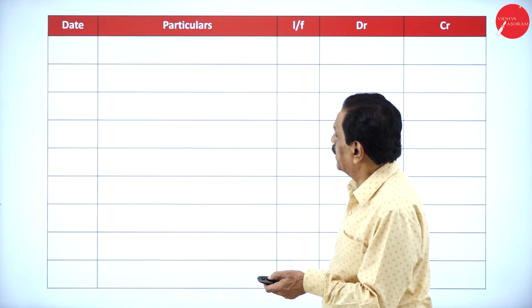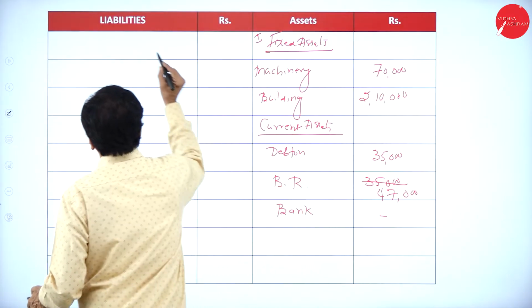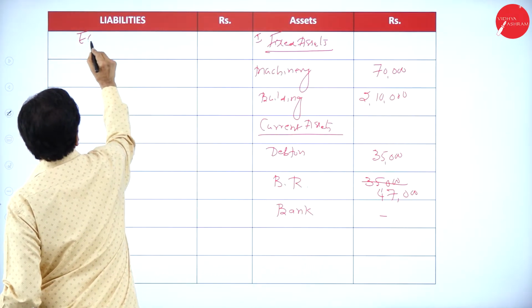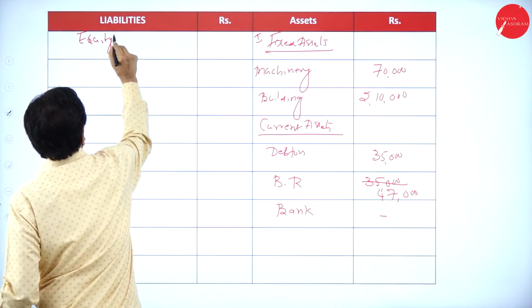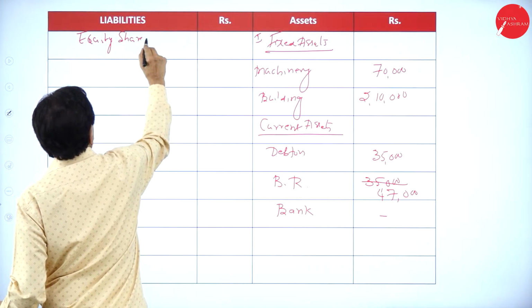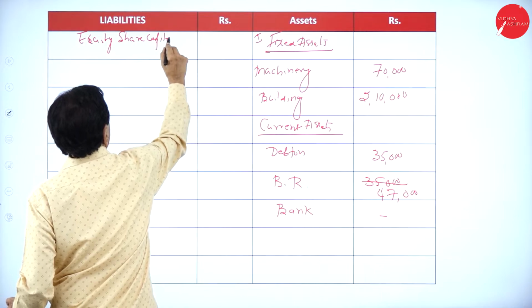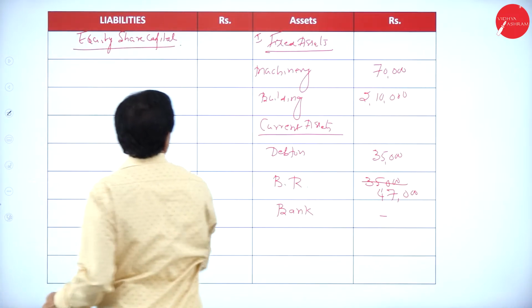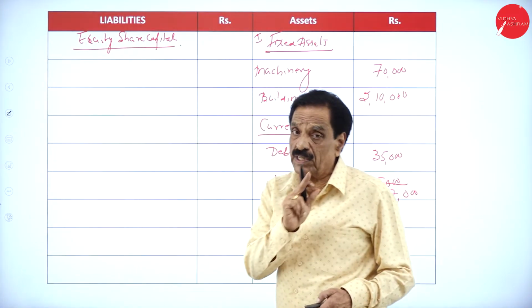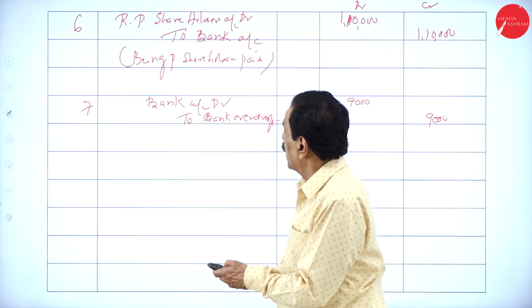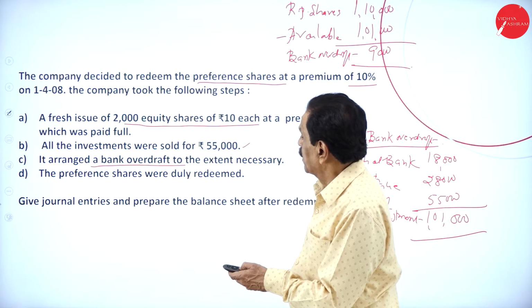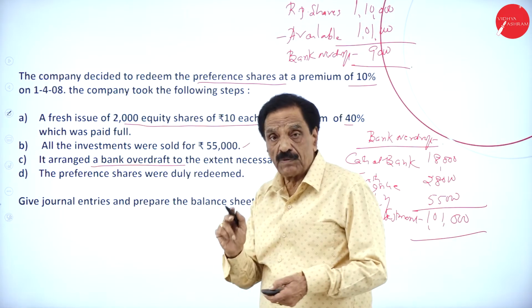Then come back here: number 1, equity share capital. You have issued 2,000 shares. Remember, how much is already in your balance sheet? 2,000 shares of 10 each means 20,000.